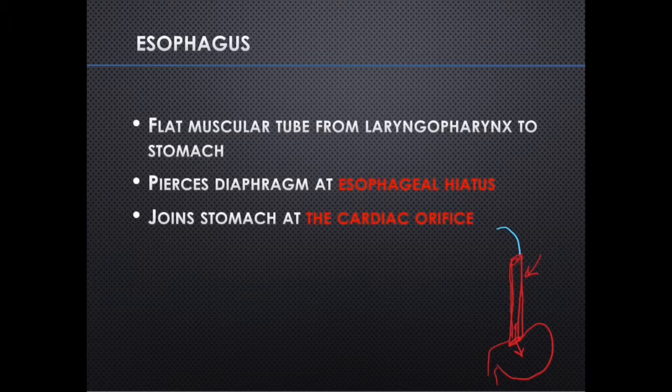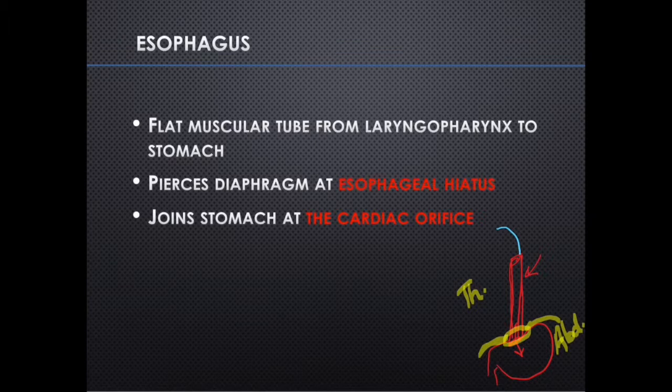If you see here, the esophagus needs to pass through the diaphragm in order to be connected to the stomach. So the opening of the diaphragm that allows the esophagus to travel down from the chest, from the thoracic cavity, to the abdominal cavity for it to be connected to the stomach, is called the esophageal hiatus.